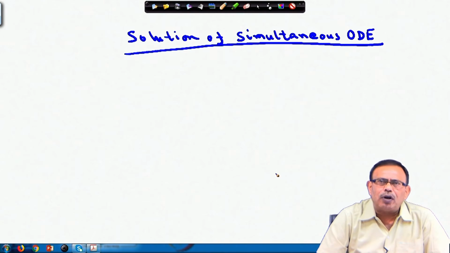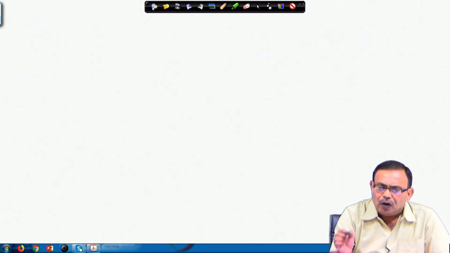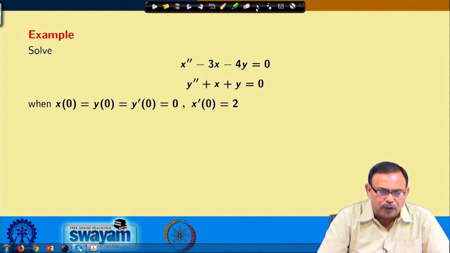Till now you have solved only one differential equation. Now, if we have simultaneous ordinary differential equations of two different dependent variables, how to find the solution using Laplace transform, that we will study now. So, let us see this one.